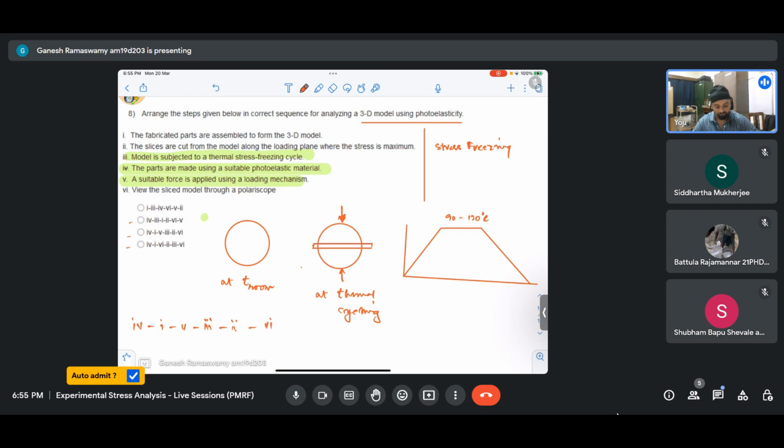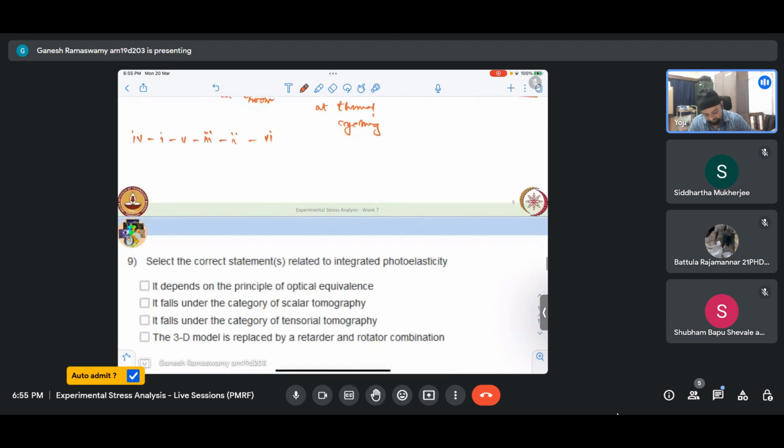So if I were to just write this out, it will be material selection, fabrication and assembly, similitude calculations, and application.